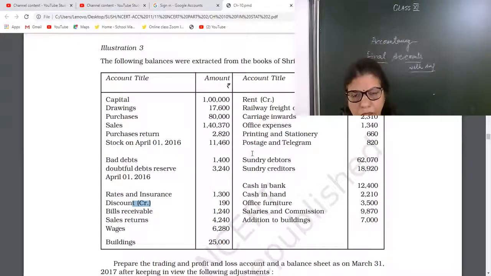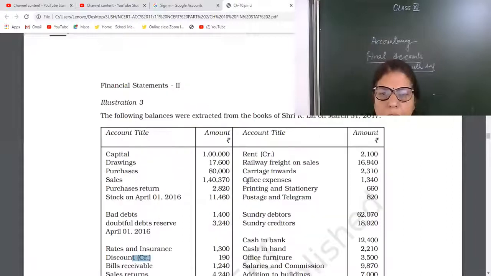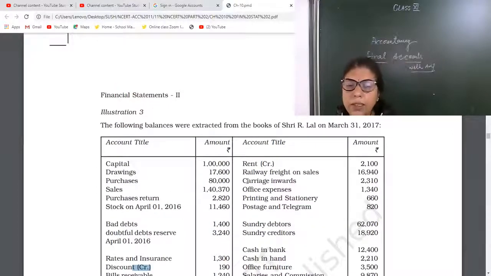Building is an asset shown in the balance sheet. Very good. Rent credit, clearly given credit. It means P&L credit. Rent credit means rent received. If rent debit, then it is rent paid.